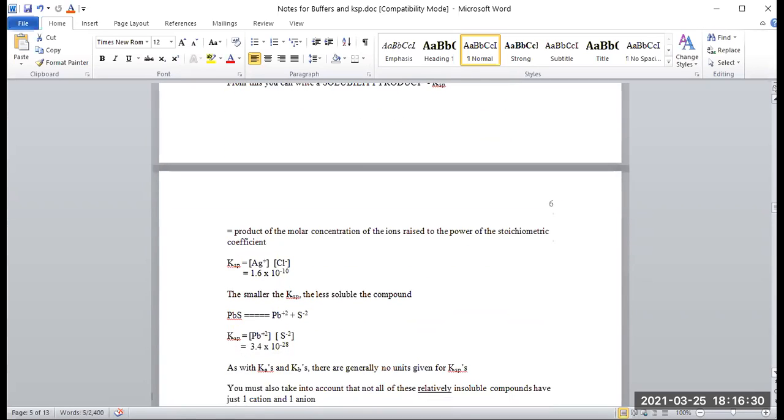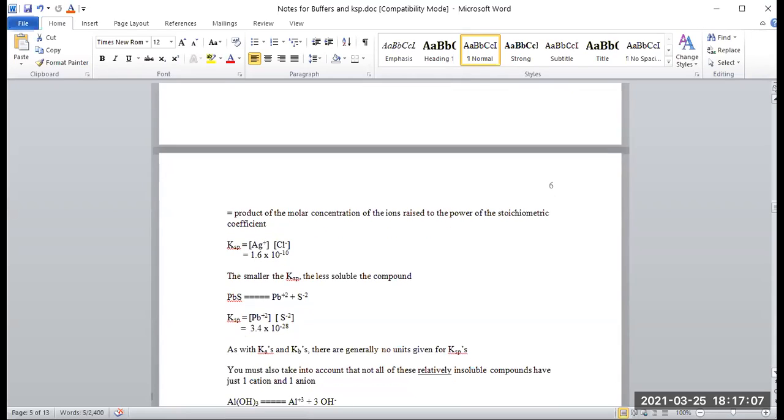However, the description is a little bit of a brain twist because of the way they state it. They tell you that it's a product of the molar concentration of the ions raised to the power of the stoichiometric coefficient. Okay, which is true. Everything stated there in that definition is actually true, but the way it's stated tends to make most people scratch their head a little bit and go, what did that actually mean?